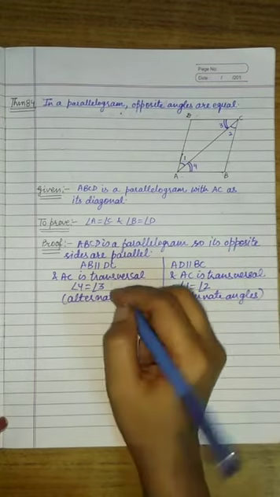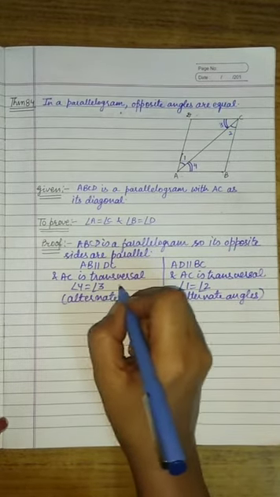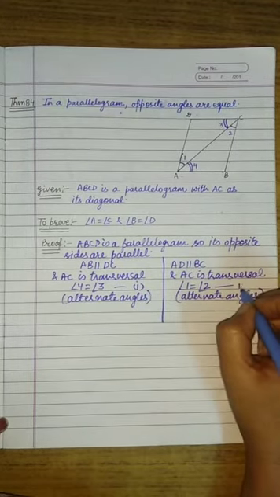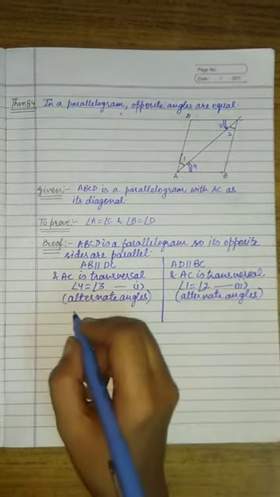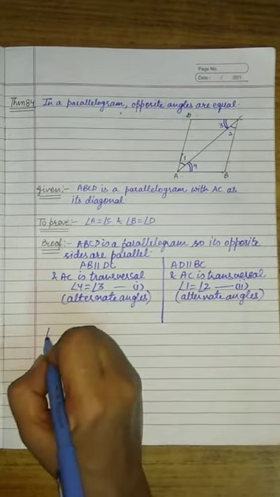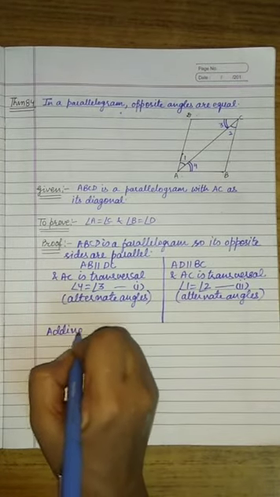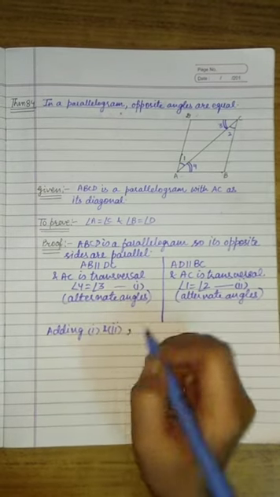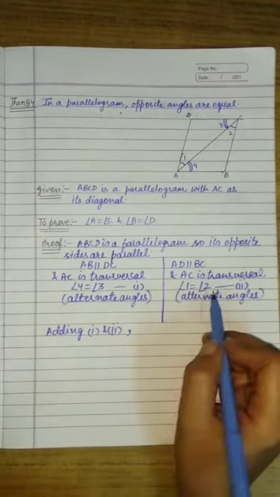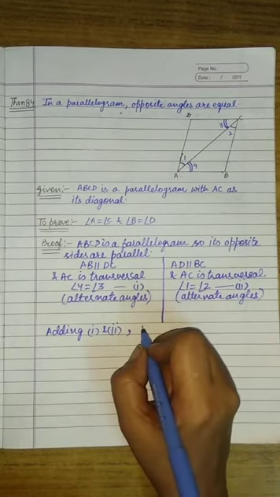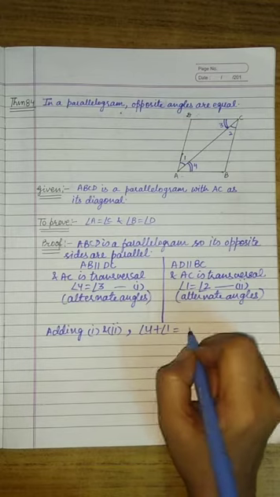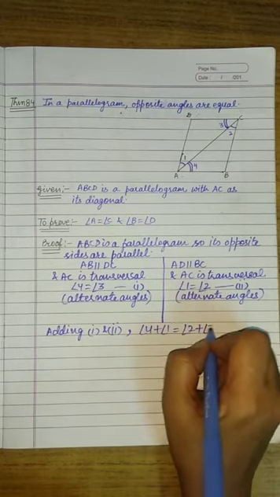Now we will call this equation, angle 4 is equal to angle 3, as 1 and angle 1 is equal to angle 2 as 2. Adding 1 and 2, we get angle 4 plus angle 1 is equal to angle 2 plus angle 3.